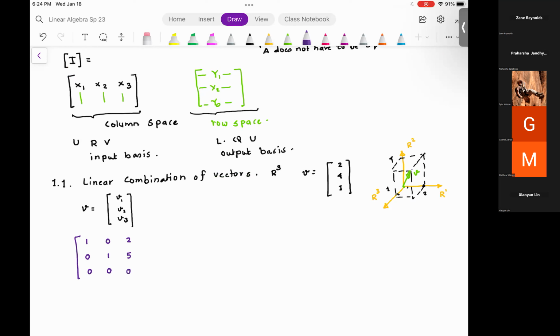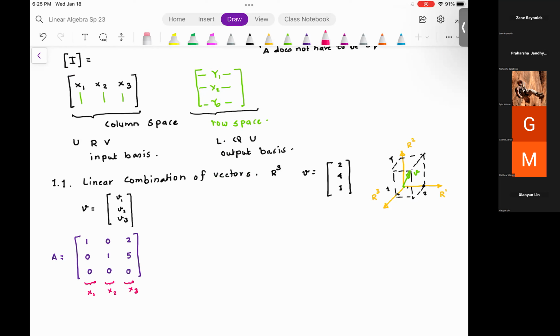I form this matrix. So this is my matrix A. Using the same logic, this is my x1, this is my x2, and this is my x3.